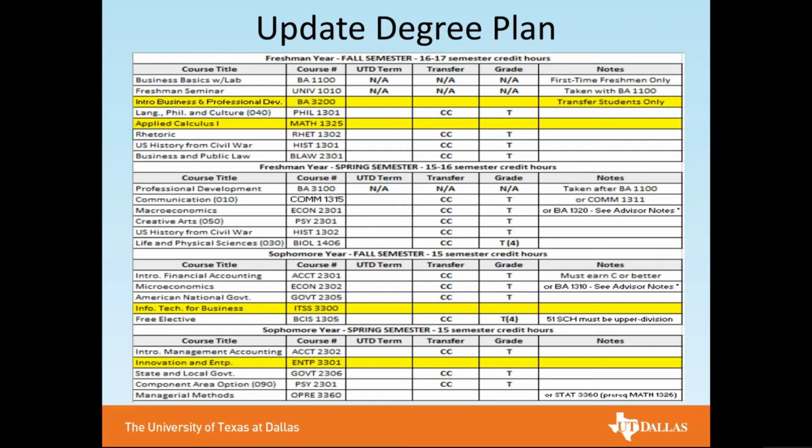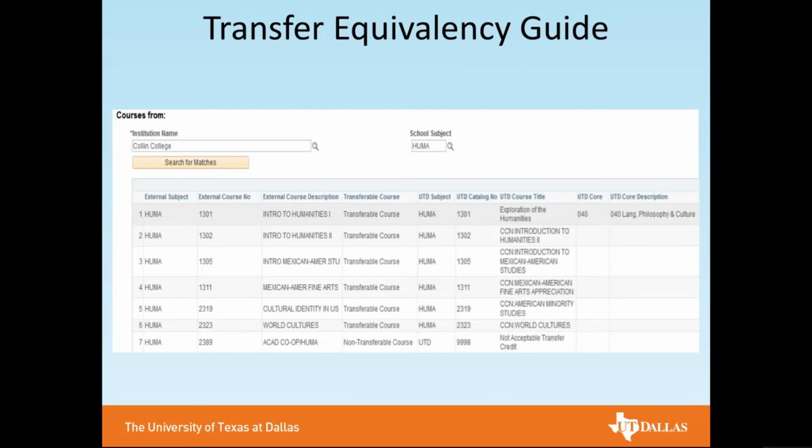All courses that you have transferred thus far are noted on your degree plan. If there are some courses missing, double check that you have sent your most updated transcript and that you have made at least a C in the course in order for it to transfer. You can find the transfer guide in Orion under UTD Transfer Equivalent System.